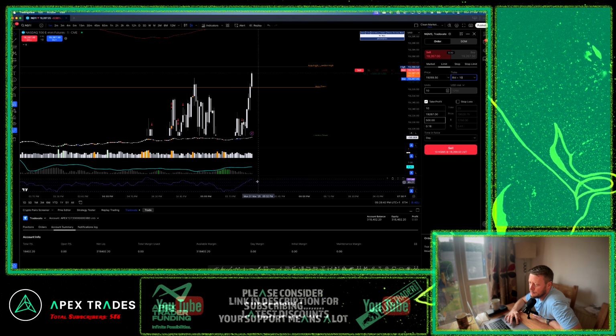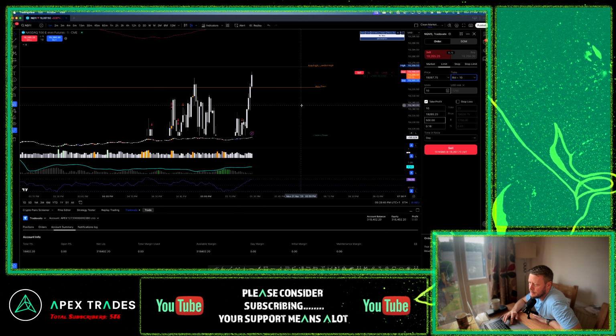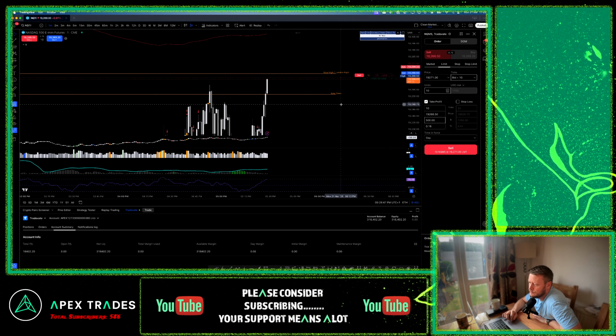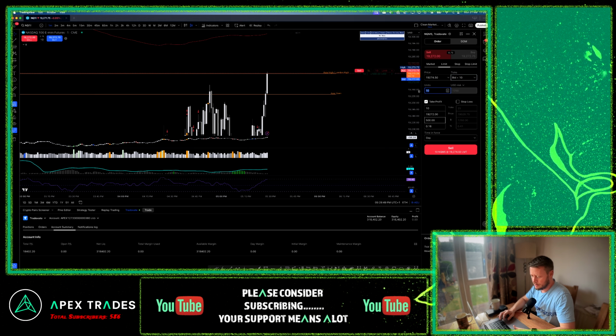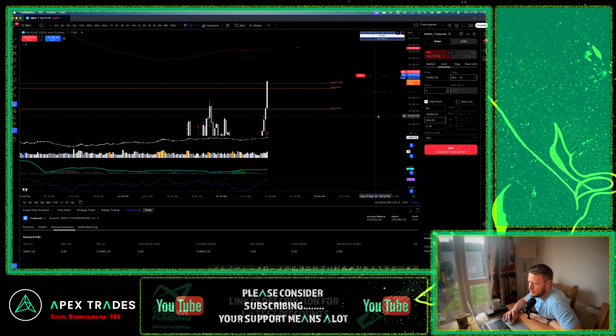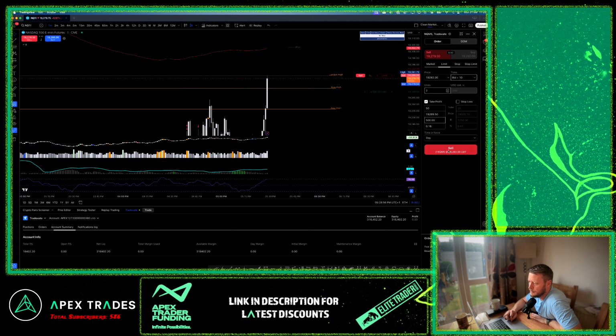It's broke out of there. Also topping out here. Looking for a big exhaustion candle, and I'll just lower this and wait. Let it keep doing its thing, because this is like a blow off top.